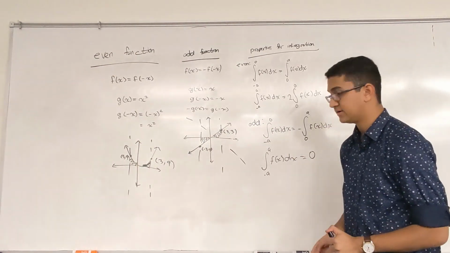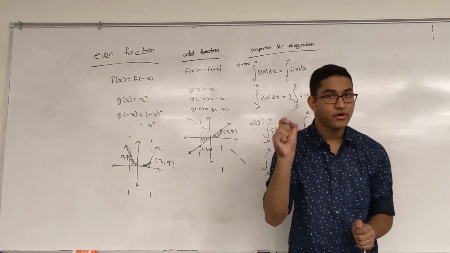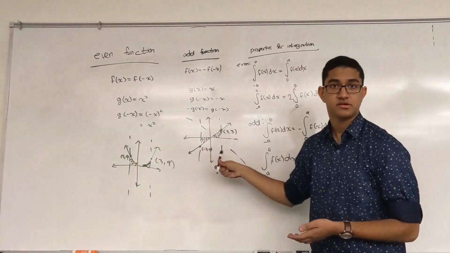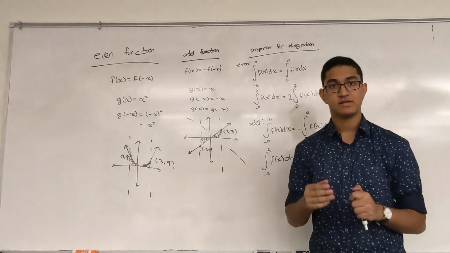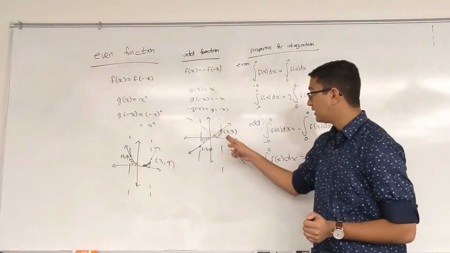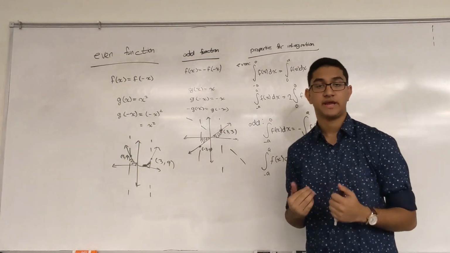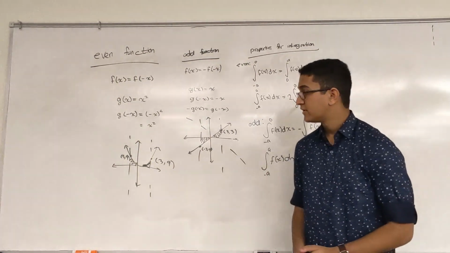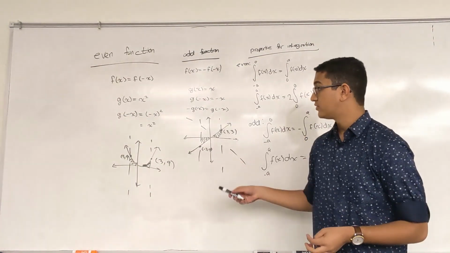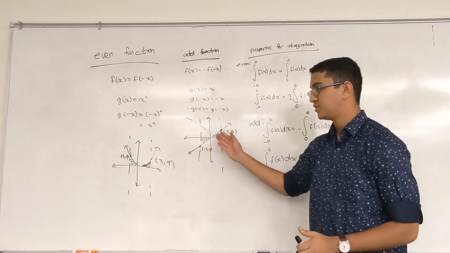And that also makes sense intuitively: for any very, very tiny rectangle in this region from negative 3 to 0, there's going to be a same size but opposite sign, very, very tiny rectangle in this region from 0 to 3. So over the entire bound, those rectangles will cancel out, and the integrals will cancel out. So you're just going to be left with the integral of 0. Whereas this area would simply be 2 times the area here, but since we're calculating the integral, they'll actually be canceling out.